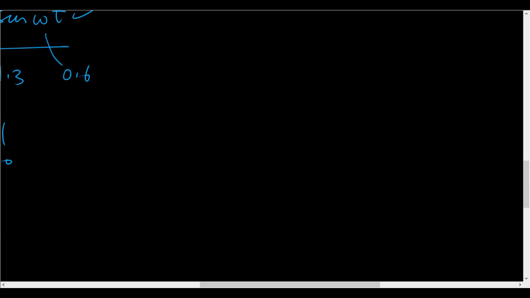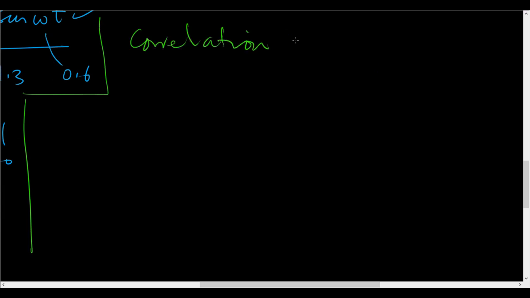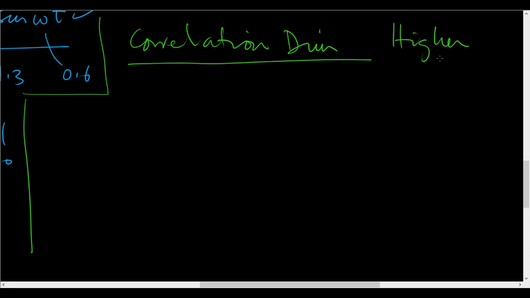So what is the correlation dimension? This one works really well in higher dimensions. See, I did the box counting in 2 dimensions, right? But suppose I have a 4-dimensional phase space, right?